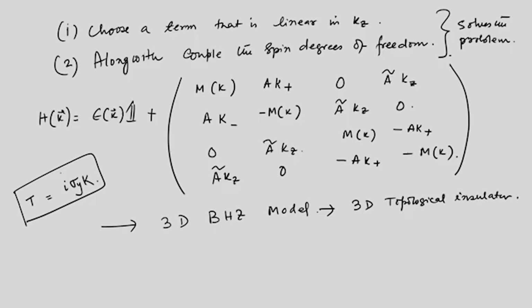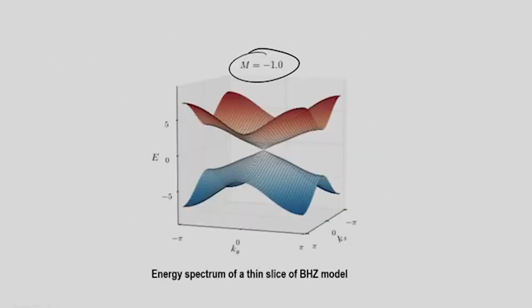Okay. So this is a 3D TI Hamiltonian, and for the time reversal symmetric topological insulator, it shows a transition as M changes sign from being positive to negative. Okay.